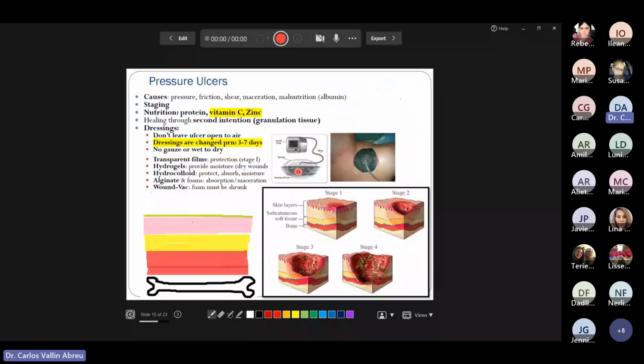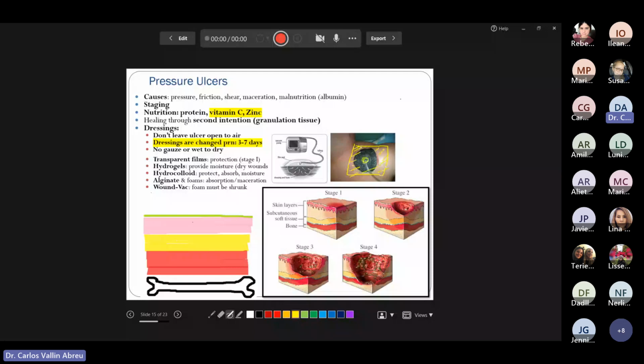wound treatment. In the negative pressure wound treatment, the hole, the cavity, is filled with a sterile foam. And then after the wound is packed with this foam, you need to cover the foam with a tightly applied plastic adhesive sticky dressing.